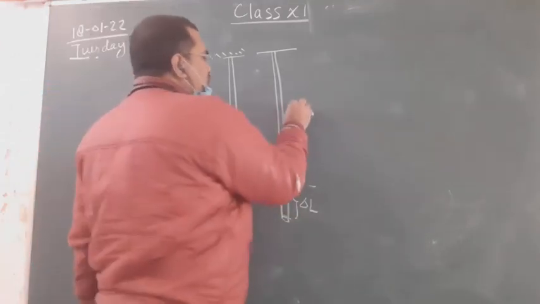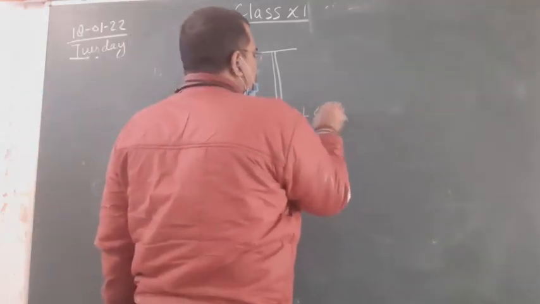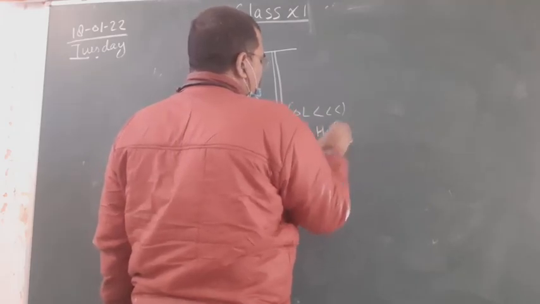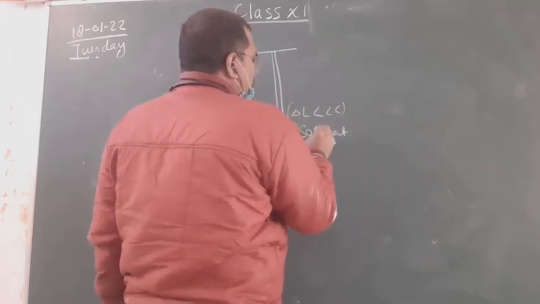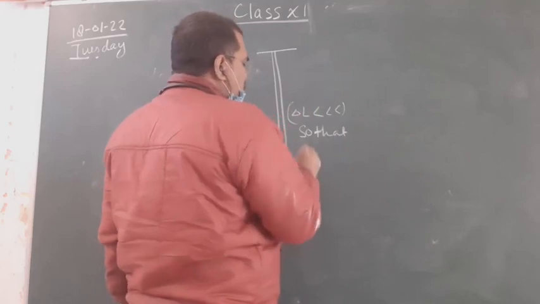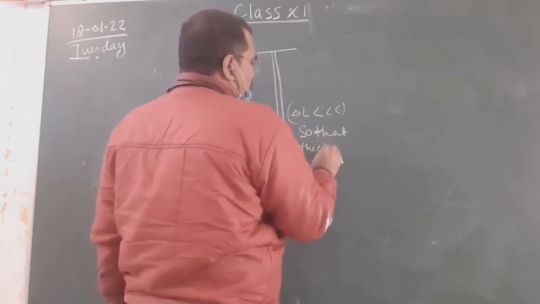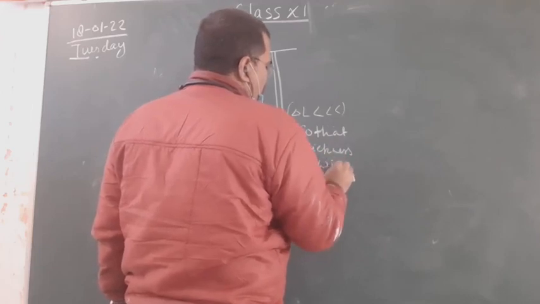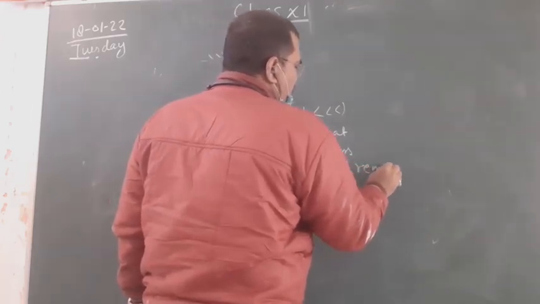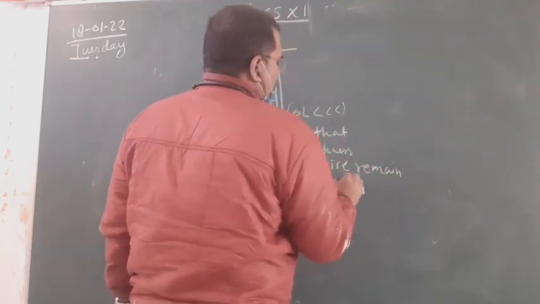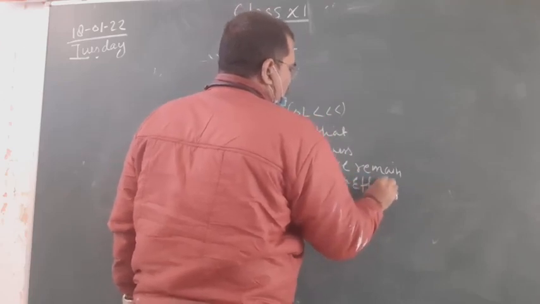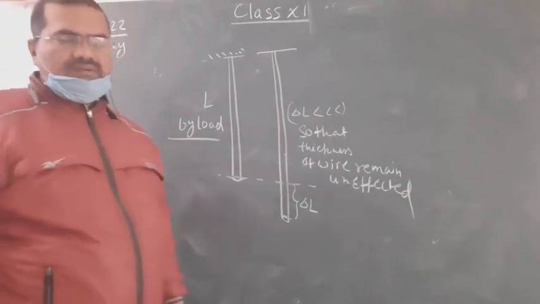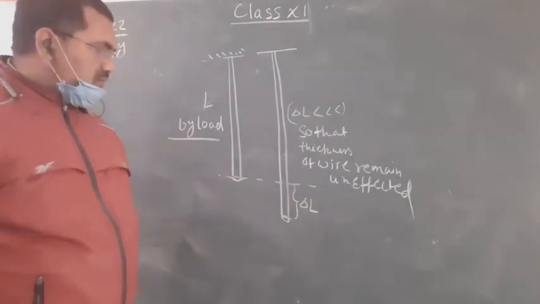But delta L is very small, a very important point, so that the thickness of the wire remains unaffected.